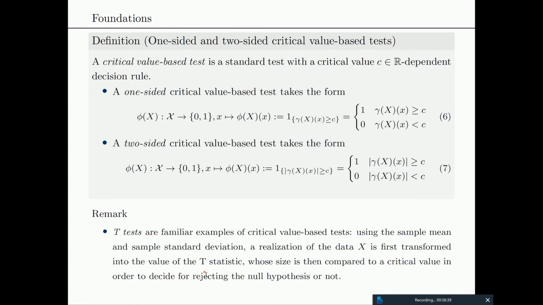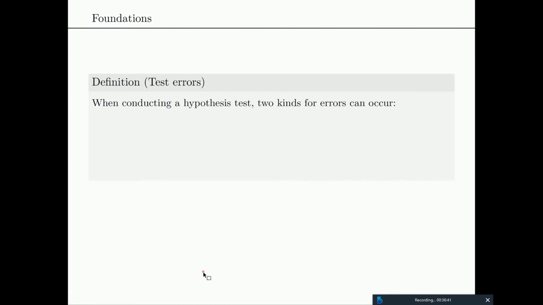Sorry, now I just scrolled a little bit around. Of course, things only start to get interesting, and test construction becomes something, if you put some constraints on tests, because right now you could come up with anything and it would be a test, but you wouldn't know whether it's a good test or not.